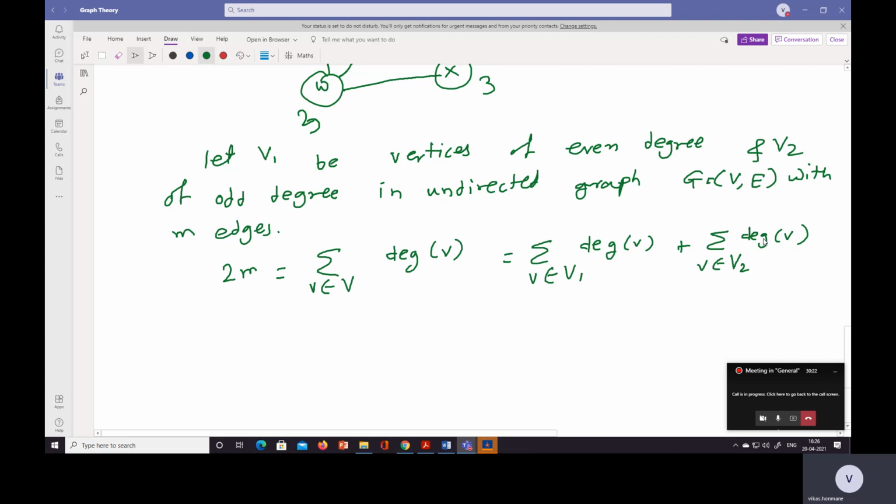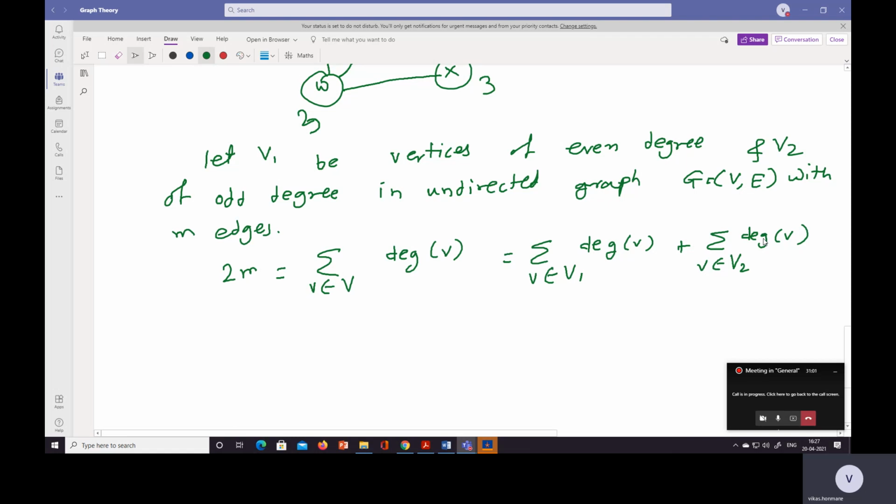Let's talk about the even degree vertices first. Whenever even degree vertices are there, the summation of their degrees is also even. And whenever we consider the odd degree vertices, in that case we need to have an even number of them. Without an even number we cannot get the answer, which is 2m.